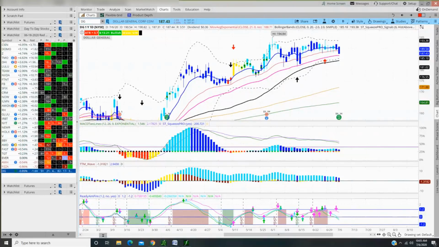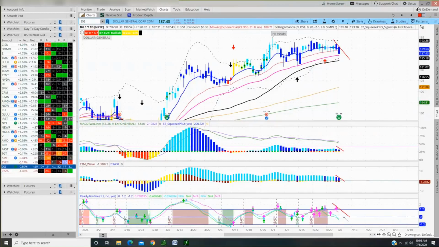Love it. In the buy zone. Love it. What direction is the momentum? Down, down, down, down.